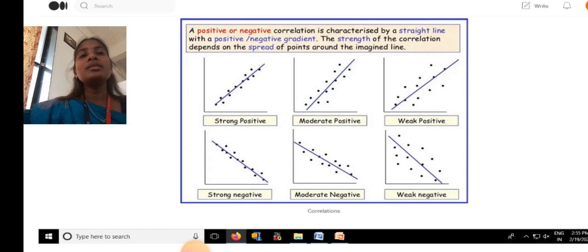The values run from +1 through 0 to -1. If it is near a positive value, it is a positive correlation. After 0, if it moves to the negative side, it is called negative, and it is categorized as strong, moderate or weak.